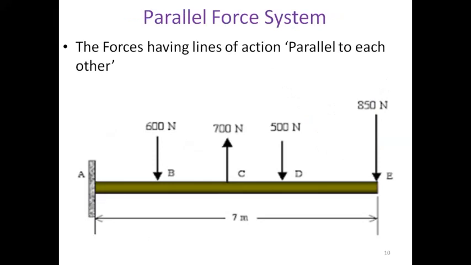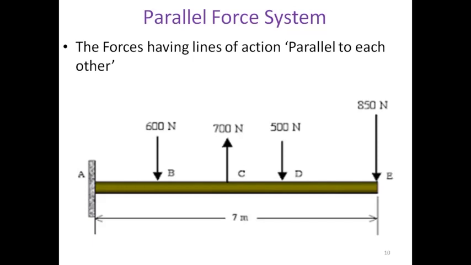Then the parallel force system. What is parallel? When the lines of action of forces are parallel to each other. म्हणजे तुम्हाला बघायचं काय आहे? फोर्स बघायचा कसा आहे? In this figure, which forces are shown in the image? We have 600 Newton, 700, 500 and 850.